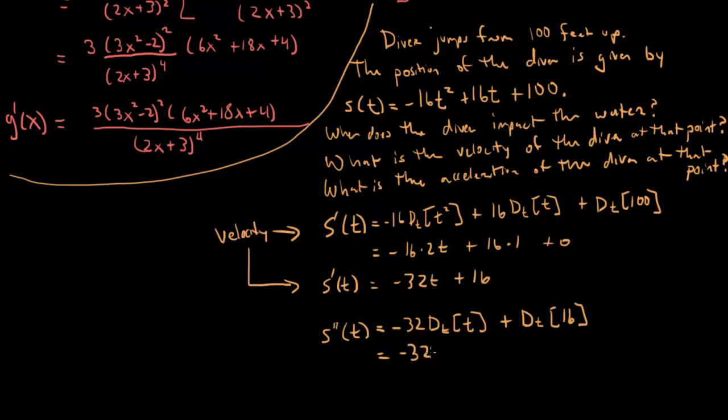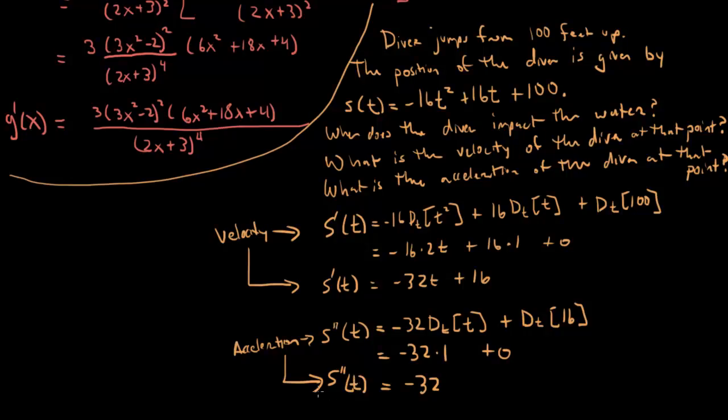Okay, so it's negative 32. What's the derivative of t? Well, that's 1. What's the derivative of a constant? That's 0. So the acceleration function is negative 32. So that's acceleration, s double prime of t.